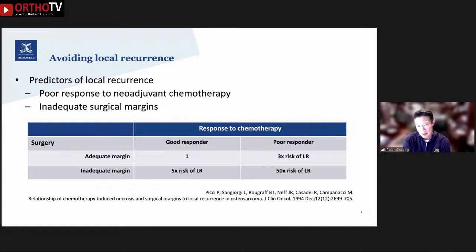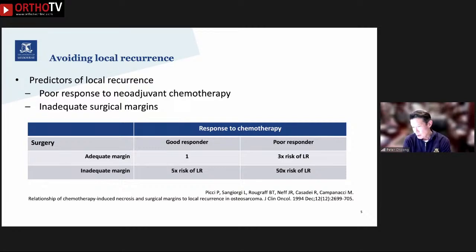And so Piero and the team developed this matrix where if, for example, you were a good responder and had adequate margins and we standardized against that, then if you were a poor responder with good surgical margins, you had a 3 times higher risk of local recurrence.